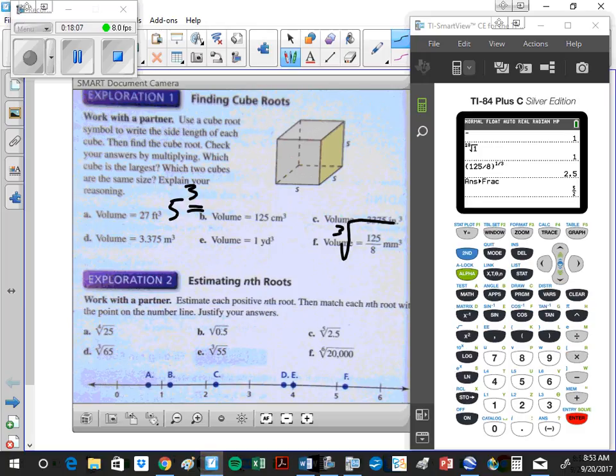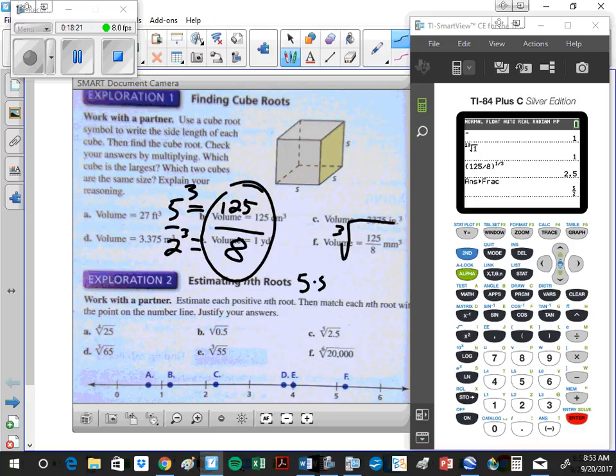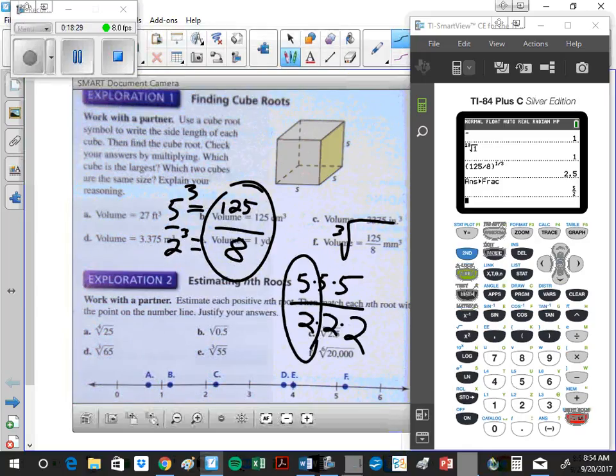Five to the third is 125, and 2 to the third is 8. So what we're looking at is 5 times 5 times 5 divided by 2 times 2 times 2. And 1/3 of that is just 5 over 2.